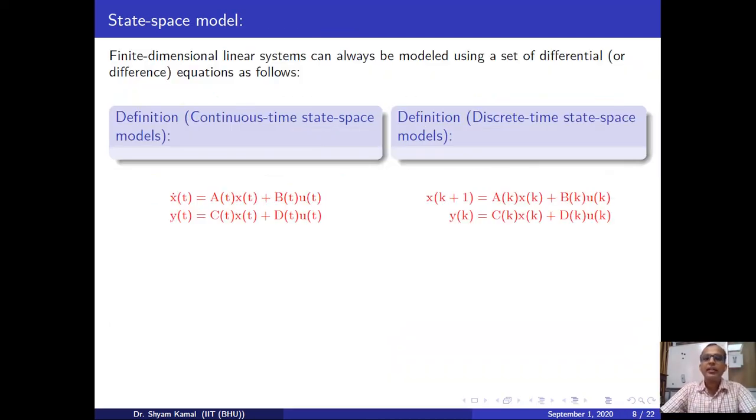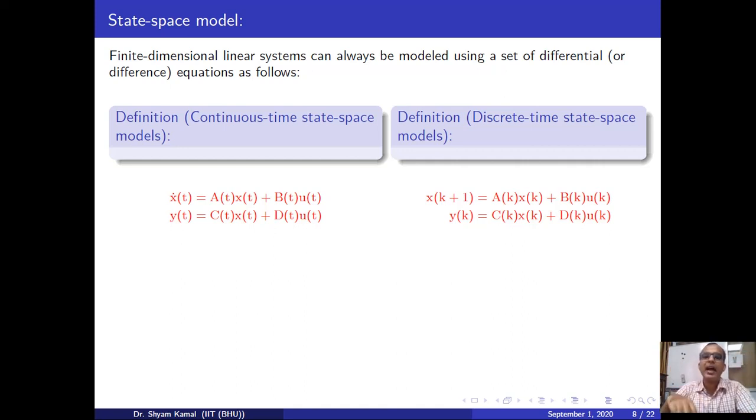Now let us come to the state space model. I have already told you that I have input and output, and I have to fit that input and output using some kind of internal mathematical relation, which is a function of a state. Whatever solution I get from that is related to the output.